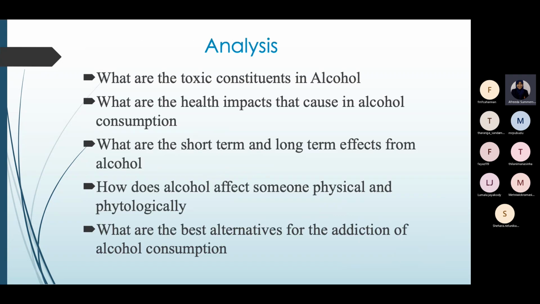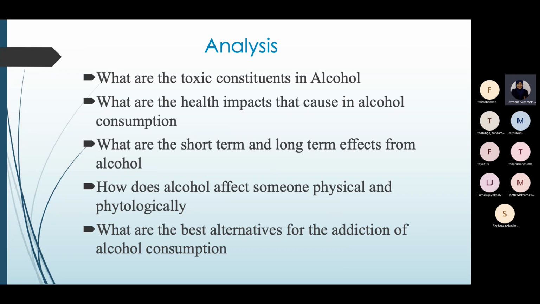Right? Analysis. For example, if you have to deal with the alcohol situation, you need to know, okay, what are the constituents of alcohol that is bad? What kind of things can happen with alcohol? You can get liver cirrhosis, liver failure, fatty liver. What are the short and long term effects? If you are a long term alcohol addict, you wake up by drinking a glass of alcohol, right?